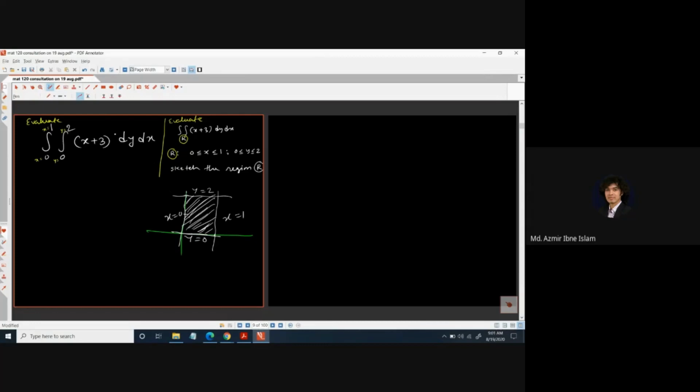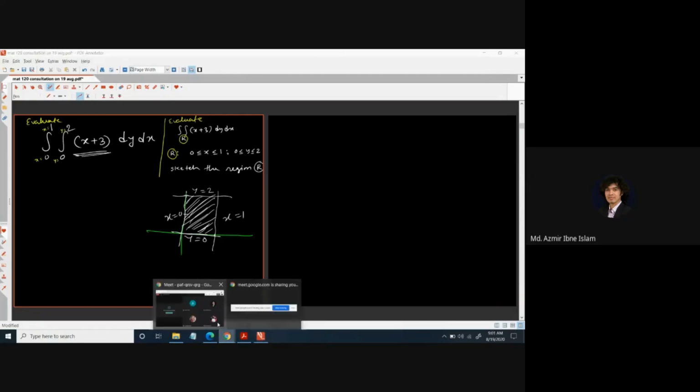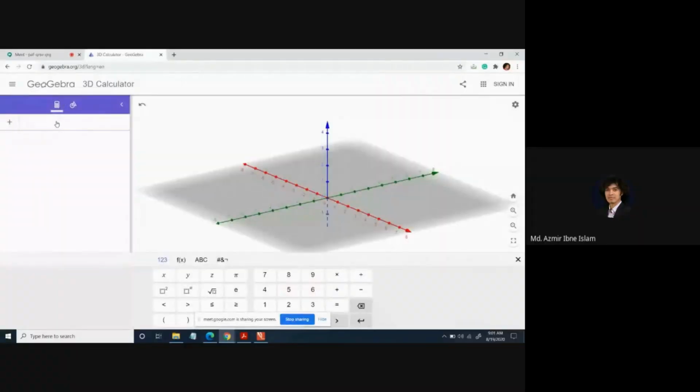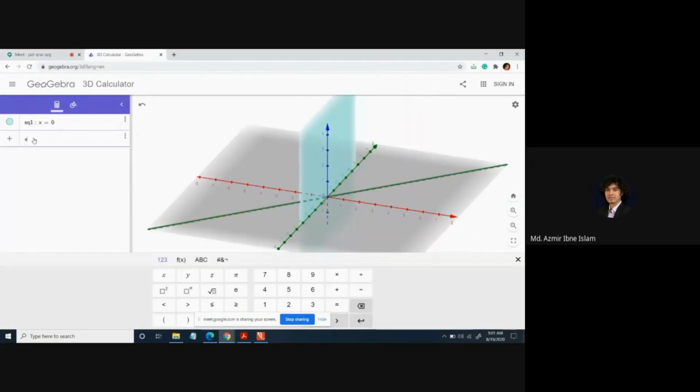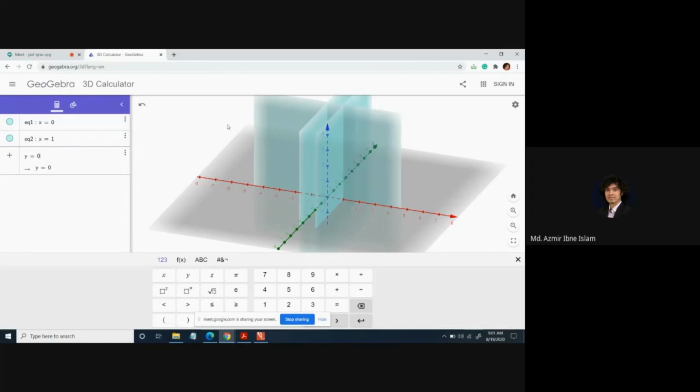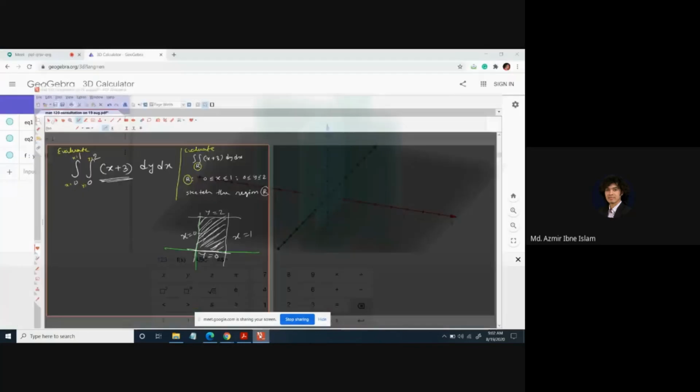Under this region we are not drawing the three-dimensional shape. The three-dimensional shape is the height. You will understand if I move to this one. So at first the limits are x equal to 0, this is x equal to 0, and x equal to 1 is the upper limit, y equal to 0 is the horizontal line, and we have y equal to 2.